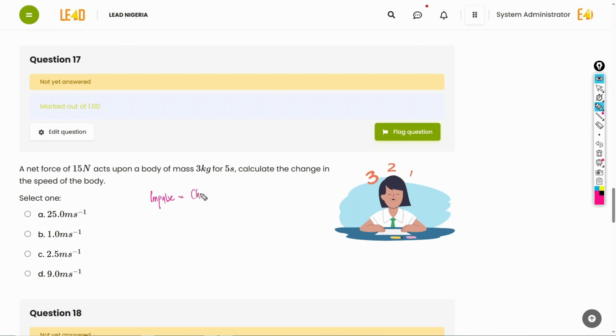Impulse is equal to change in momentum. So impulse, that's Ft, is equal to the change in momentum, which is mv minus mu, m bracket v minus u. So that's Ft.